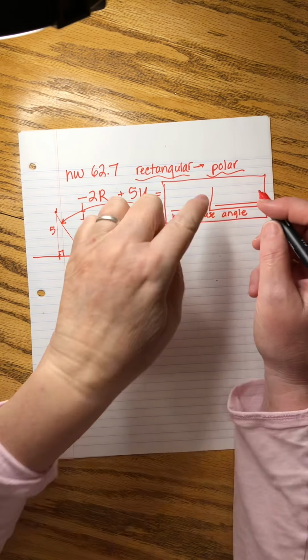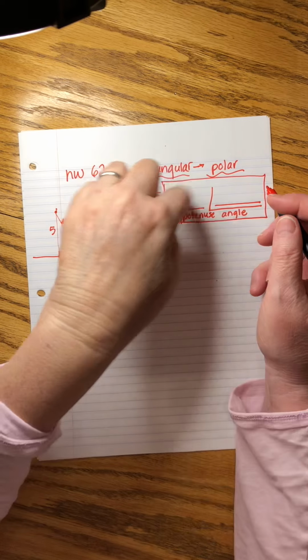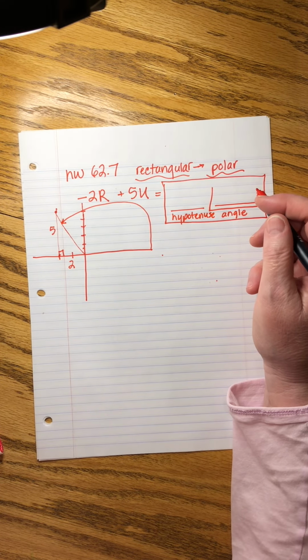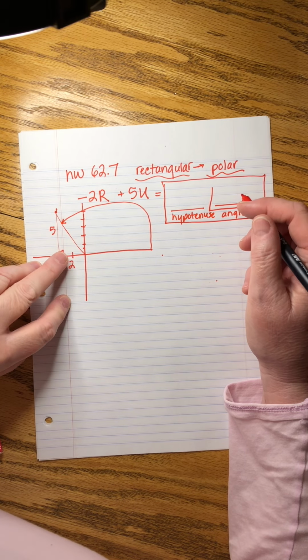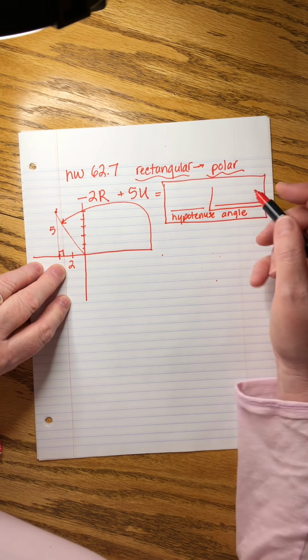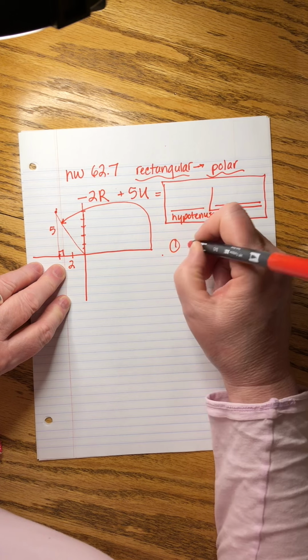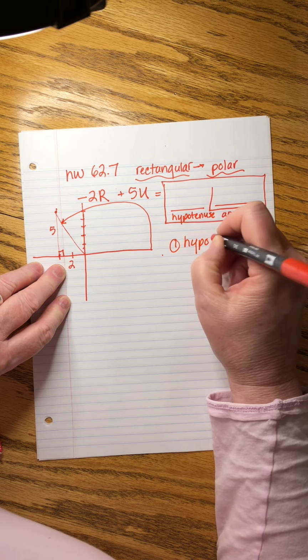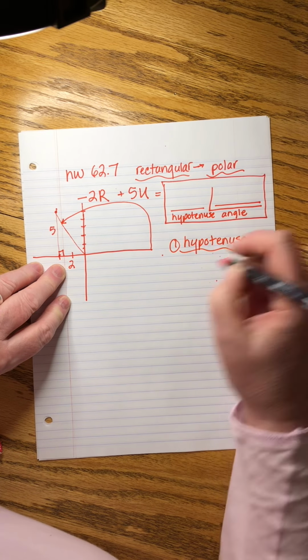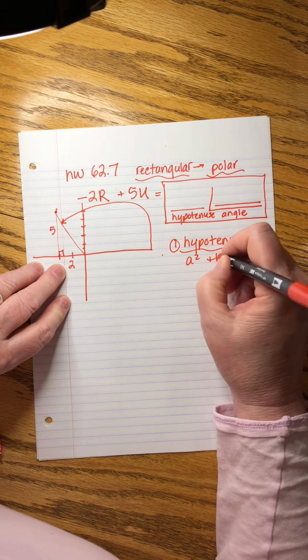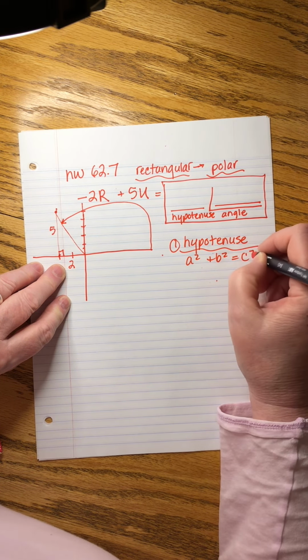Let's do the hypotenuse first. Let's just go in order, though you can do it in either order. It doesn't matter. There are a couple different ways to get the hypotenuse, but the easiest way is the Pythagorean Theorem. So let me just write this down. We're going to work on the hypotenuse first. And we're going to use a squared plus b squared equals c squared.